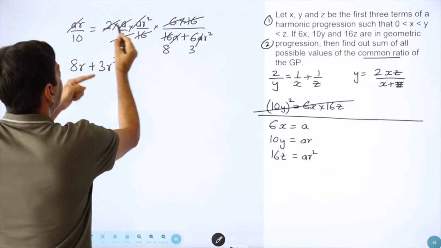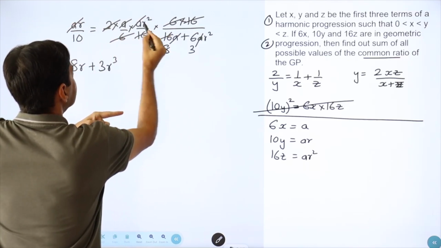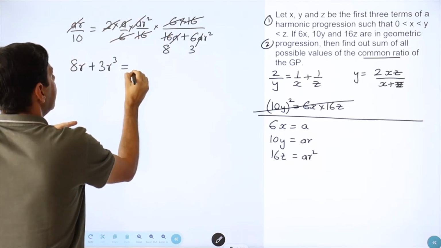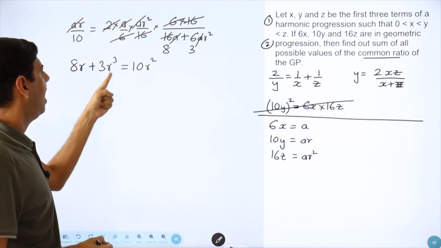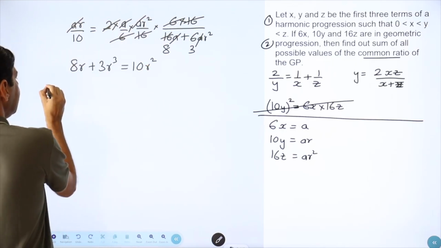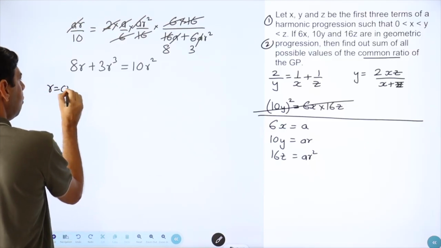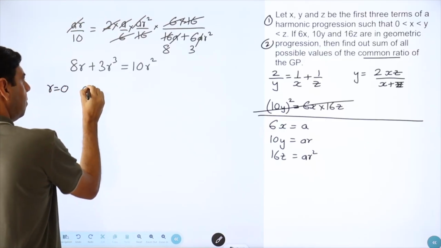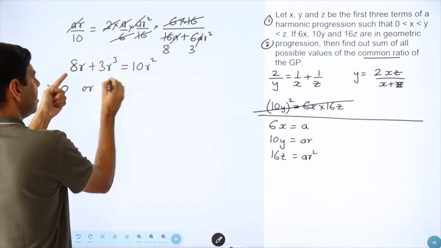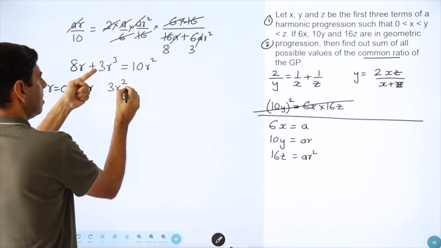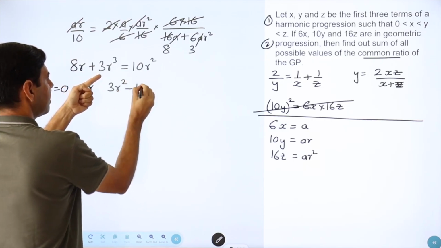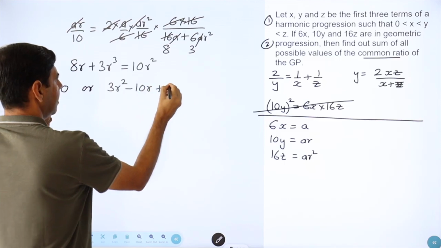And here there's nothing left, r square is left with a 10, so that's 10r square. Now we see r at all places. So either r is equal to 0, or you can cancel the r and this becomes a quadratic. So that takes care of the cubic also: 3r square minus 10r plus 8.